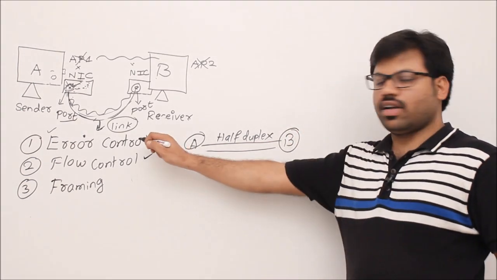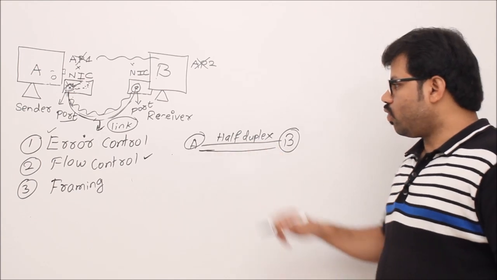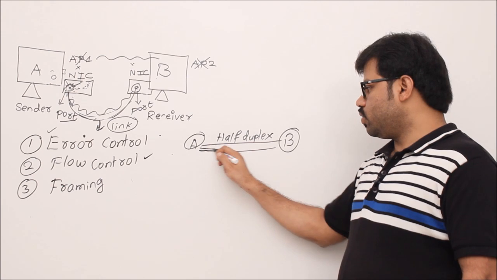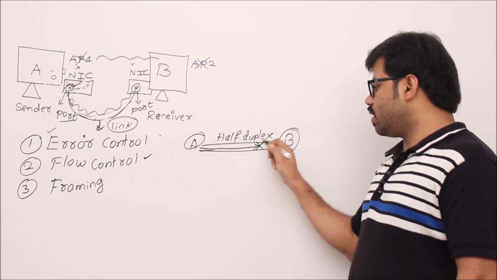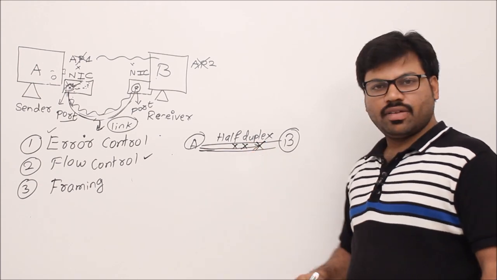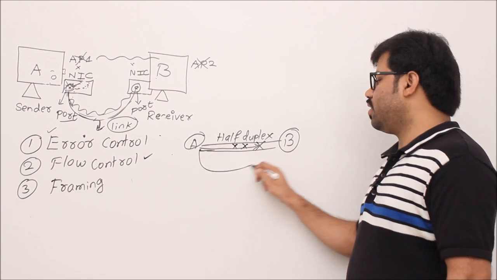Second thing, the error control problem. That means if there is an error in the line, of course, though you have error control mechanisms, what might happen, we'll see. In that 1 lakh bits you sent, because of a cable problem or whatever, some of the bits got garbled or corrupted. Then what do you do? One simple technique is resend.